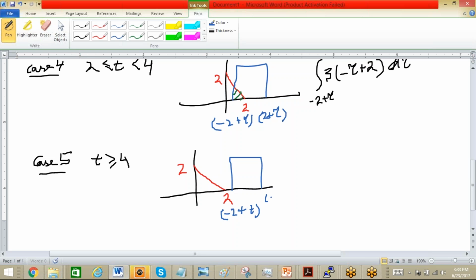And the second point is 2 plus 2. Okay. So this is how you can see that again the result will be 0 because there is no overlap. So the multiplication will be 0 and so the result will be 0 for case number 5.